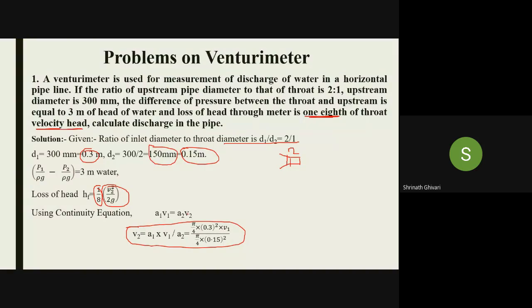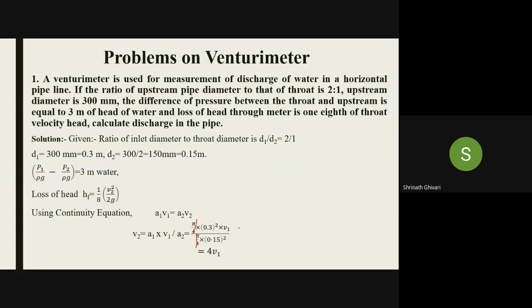See, I want everything in terms of V2. So V2 equal to something of V1, which we have discussed in the previous problems also. Pi by 4 will get cancelled. 0.3 square divided by 0.15 square will be how much? It is 4. So V2 is equal to 4 times V1.